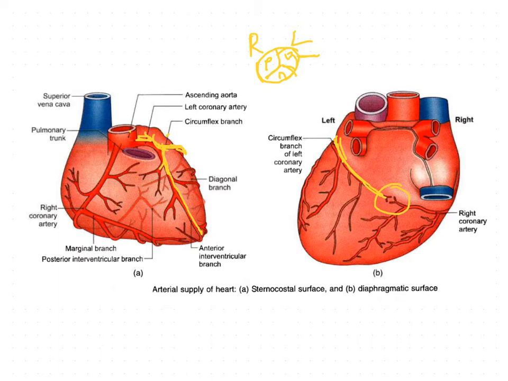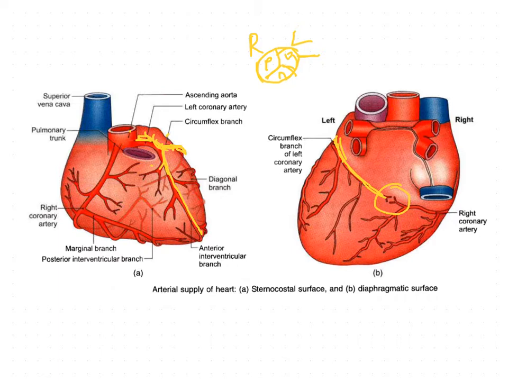The left coronary artery is larger than the right coronary artery. It arises from the left posterior aortic sinus, and the artery runs forward and to the left and emerges between the pulmonary trunk and the left auricle. Here it gives an anterior interventricular branch which runs downwards in the anterior interventricular groove. The further continuation of the coronary artery is called the circumflex artery.